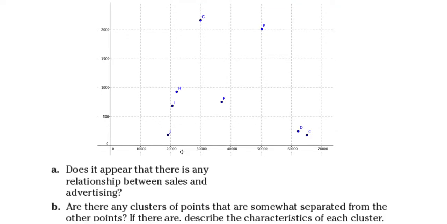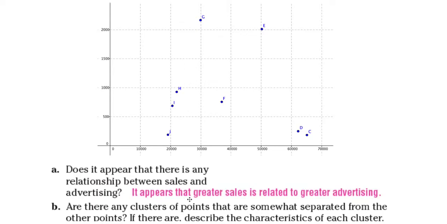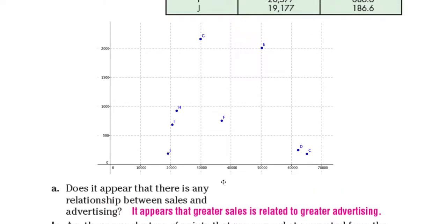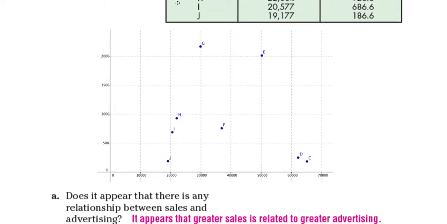Does it appear that there is any relationship between the sales and advertising? And we know that it appears that greater sales is related to greater advertising. How do we know that? Because if you notice letter G, you have letter J, you have sales less than 500 and your advertising less than 2,000.